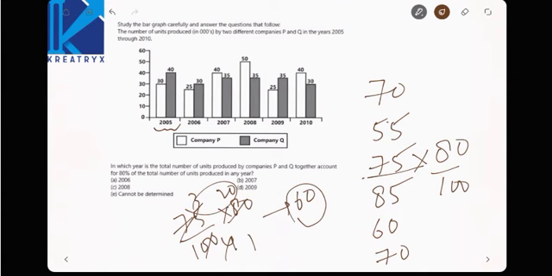Now 75 is in which year? 2007. Now 80% of the total means 2009, right? So 2009 gives you the 80% value of the other year, that is 2007.